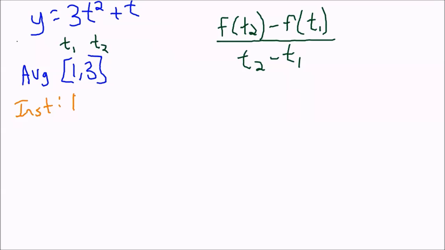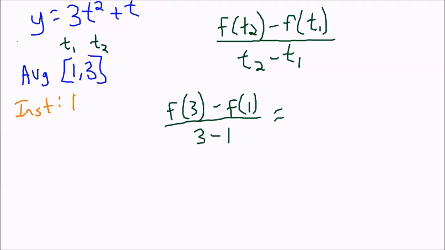So now my rate of change formula becomes f of 3 minus f of 1 over 3 minus 1. When I plug a 3 into my function, I'm plugging a 3 in for that t value and for this t value.